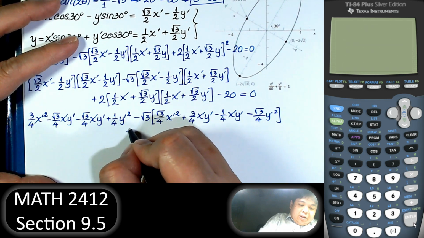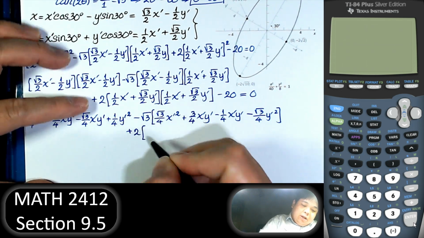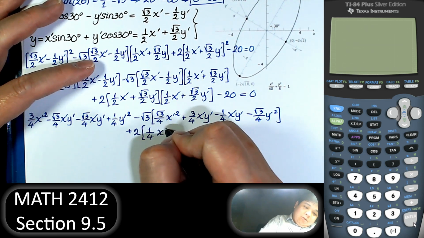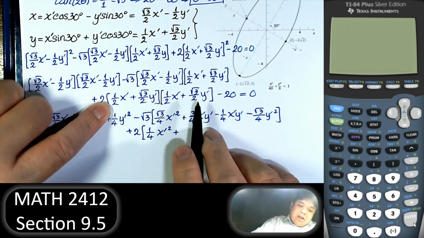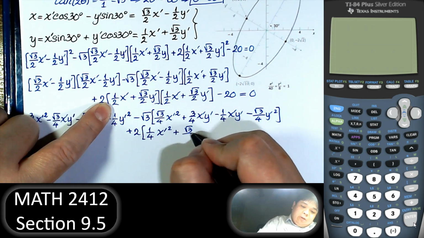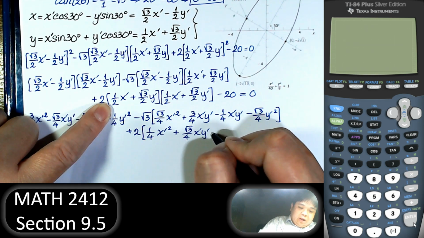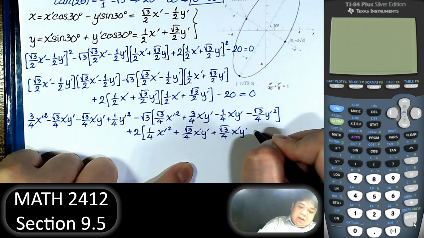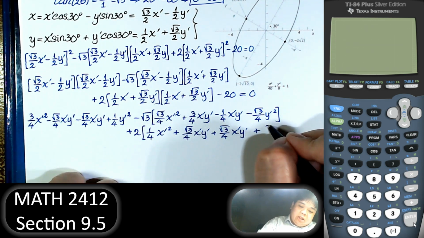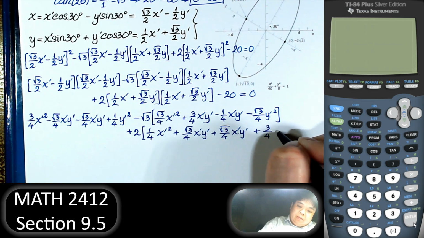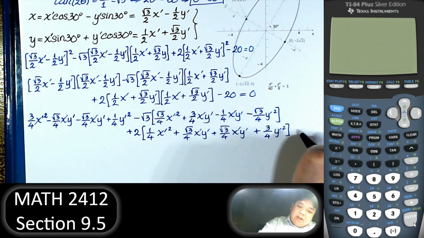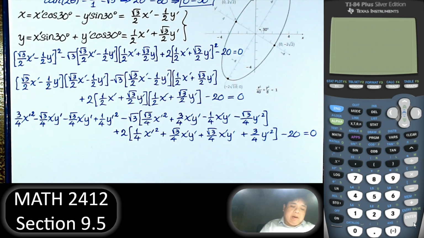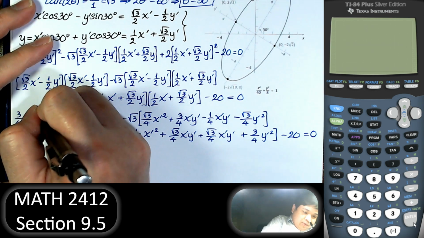And then plus 2 times 1/2 times 1/2 is 1/4 x prime squared plus square root of 3 over 4 x prime y prime plus square root of 3 over 4 x prime y prime plus square root of 3 times square root of 3 is 3, 2 times 2 is 4, y prime squared, minus 20 equal to 0.